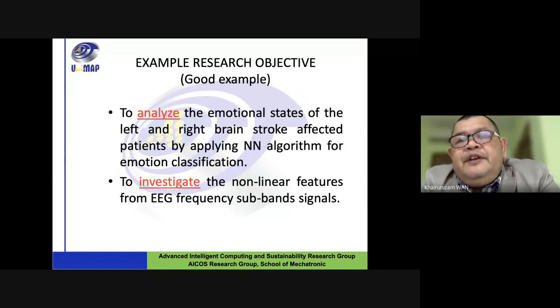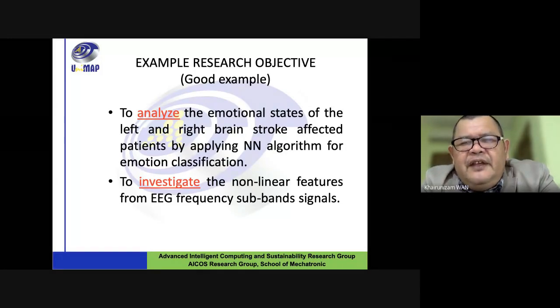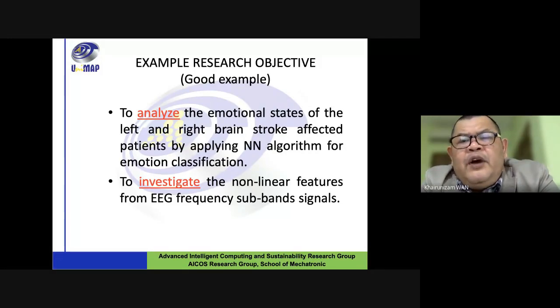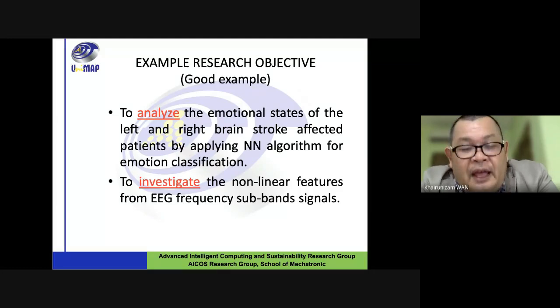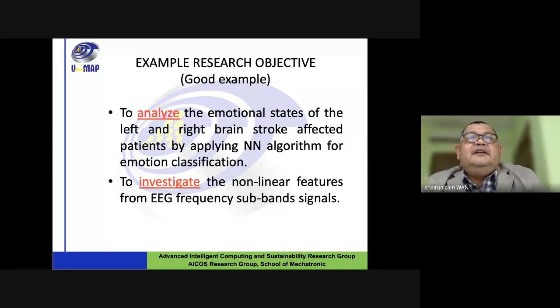I want to remind you that the research objective is very important. One of the main features of the report or final year project thesis that the examiner, the evaluation panel, always looks at is the research objective, whether your research objective is okay or not. And here is the good example.